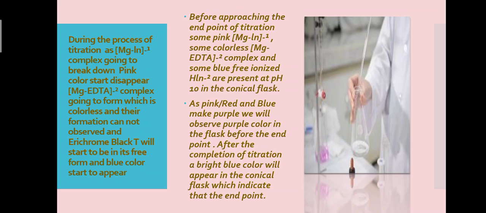Before approaching the endpoint of titration, some pink MgIn-1 complex, some colorless MgEDTA-2 complex, and some blue free ionized HIn-2 are present at pH 10 in the conical flask. As pink or red and blue make purple, we will observe purple color in the flask before the endpoint. After the completion of titration, a bright blue color will appear in the conical flask, which indicates the endpoint.